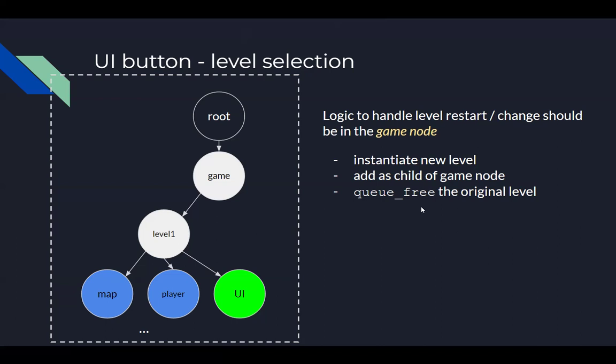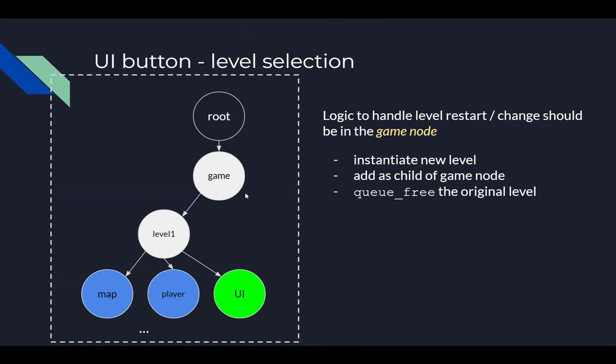Okay, so what happens if we queue_free the level first and then instantiate the new level and add it? One shortcoming is that when you queue_free, let's say it immediately frees itself from the game, right? Then there will be a short period of time that your game screen is blank because there's no level.